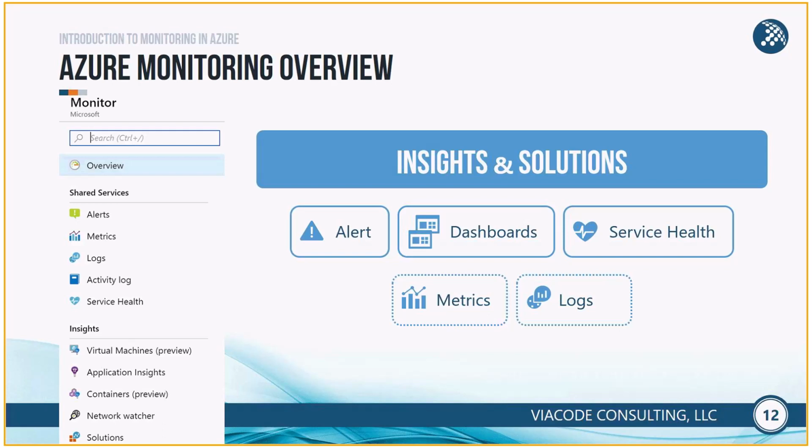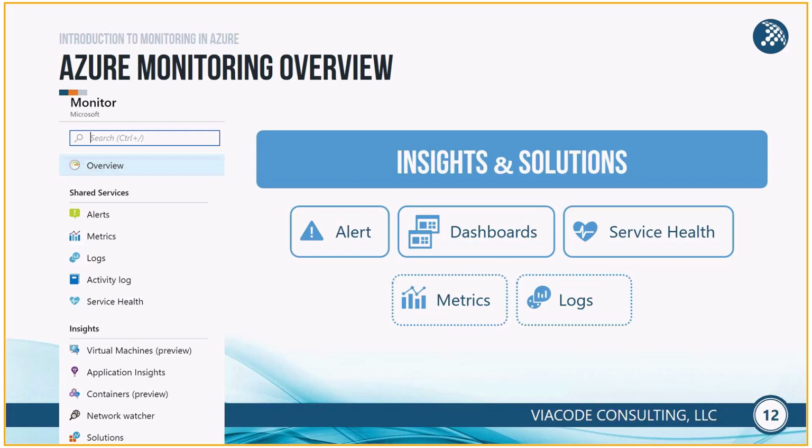That's the foundation for your monitoring. On top of that, you have building blocks of any type of monitoring, which is alerts. You can generate an alert on a metric or log. You can create monitoring dashboards based on that information, metrics or log information. And then, as I mentioned before, Microsoft itself provides the health state information through a service called Service Health.